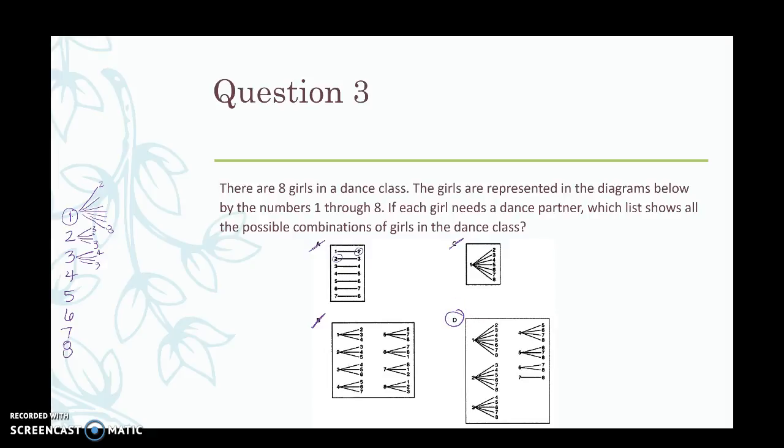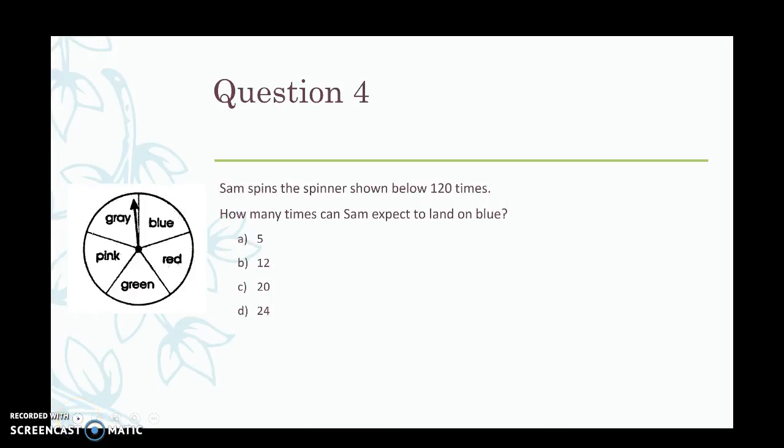All right, so now we're ready to go on to number 4. Sam spins the spinner below 120 times. How many times can Sam expect to land on blue? Blue is what we're looking for. I'm going to use blue here.